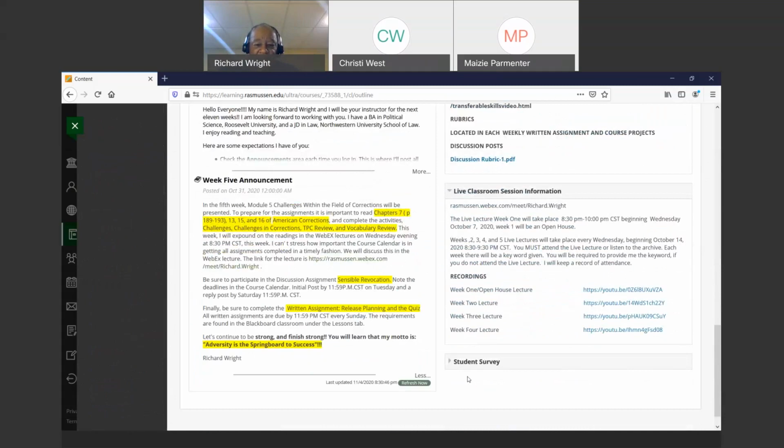Chapter 7, and only certain pages, but then Chapters 13, 15, and 16, for which you have the PowerPoints, and complete the activities: challenges in corrections, TPC review, and vocabulary review.